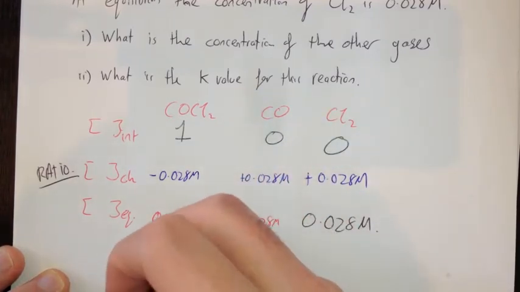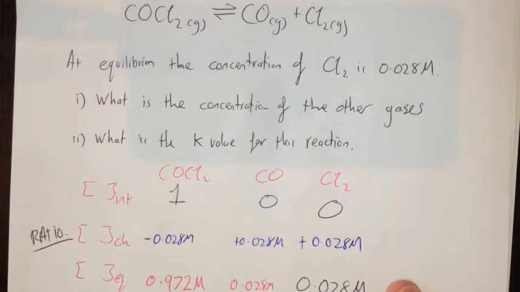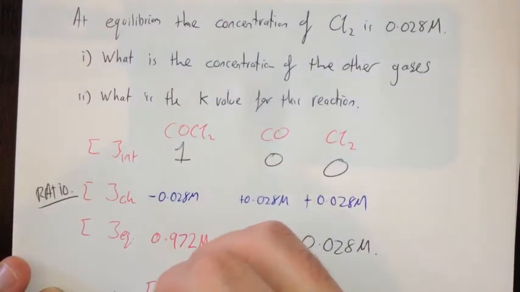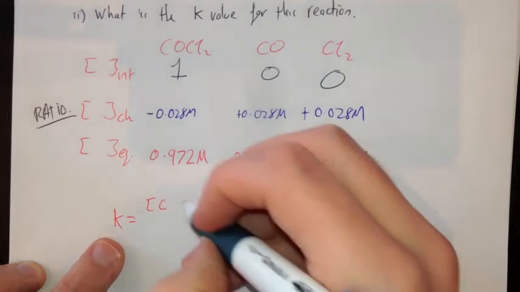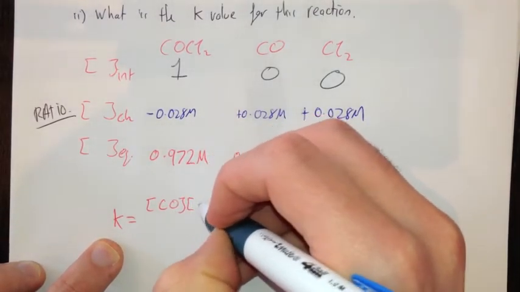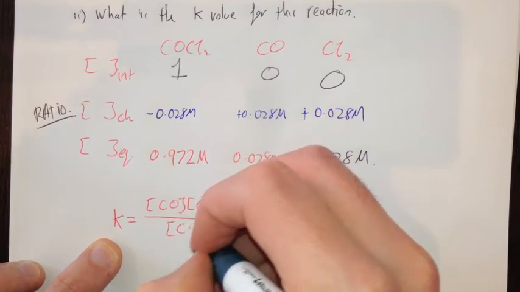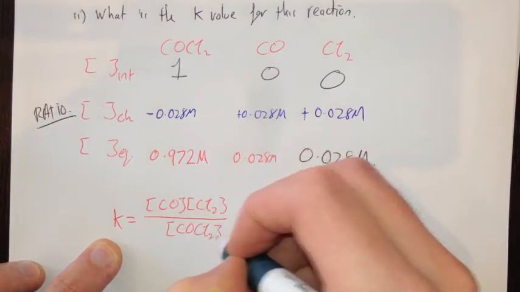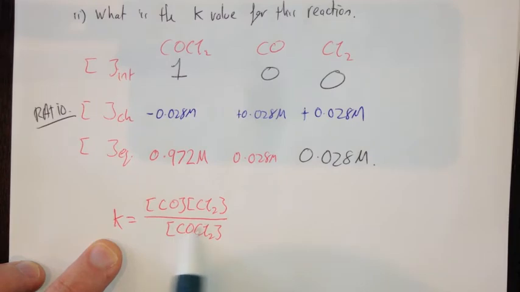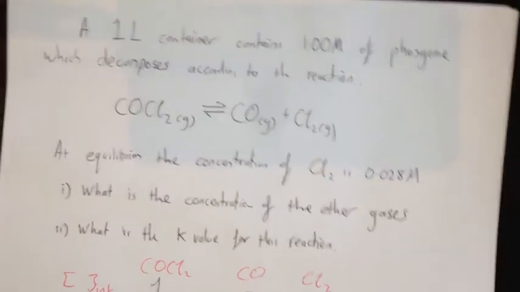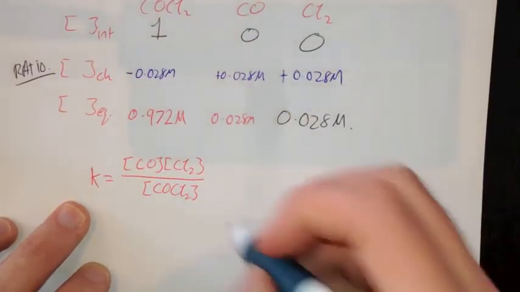So K equals our products, which is the concentration of carbon monoxide times the concentration of chlorine, divided by the concentration of phosgene. This is our K, just by doing products over reactants to the power of their coefficients. All the coefficients here are 1, so it's just to the power of 1.